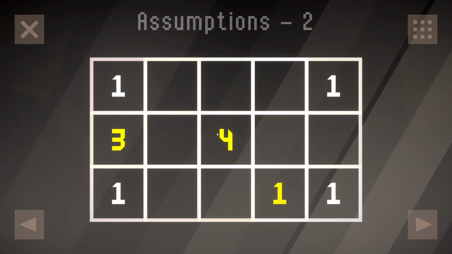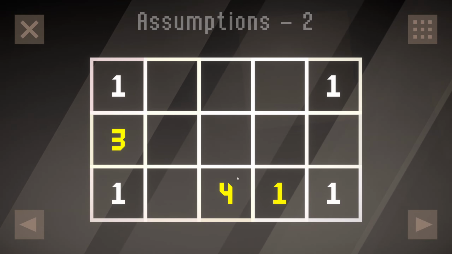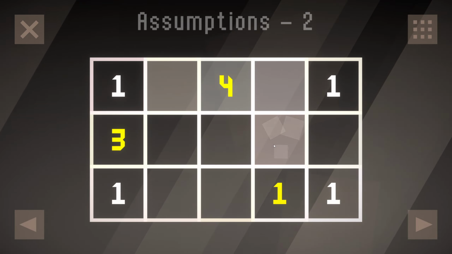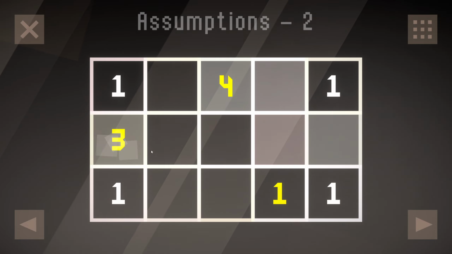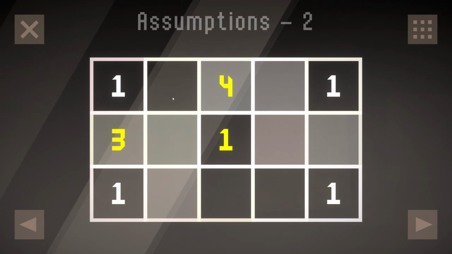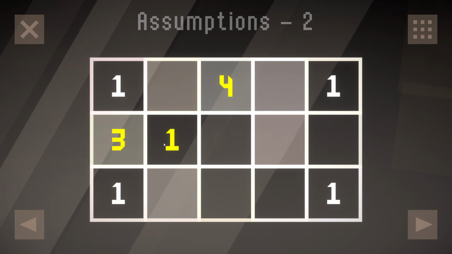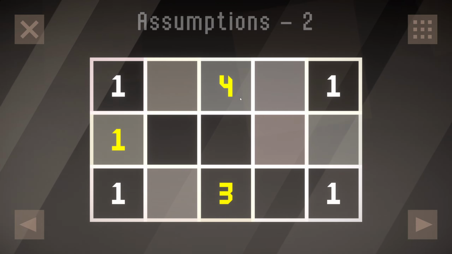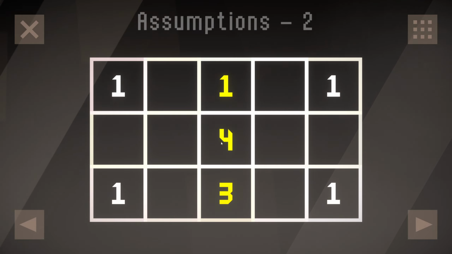But it doesn't work. Oh my god, come on brain. What did we do? Can't be this because the 1 can't be penned in like that. One here, 4 there. We can't have the 4 be up here because it stops the 1s all being divided.